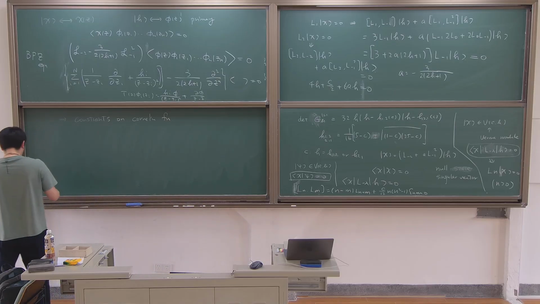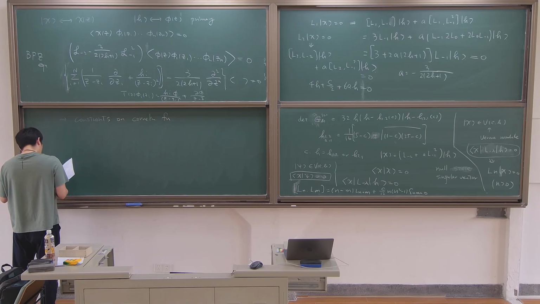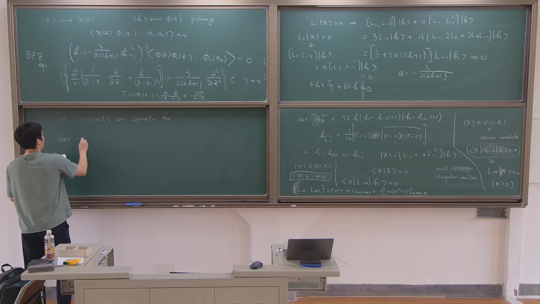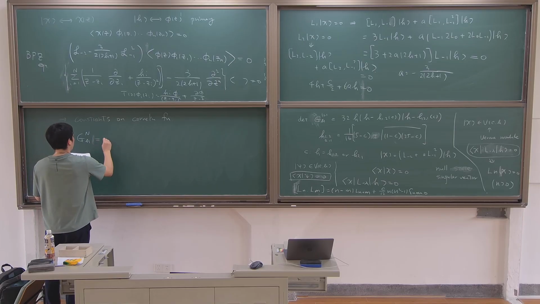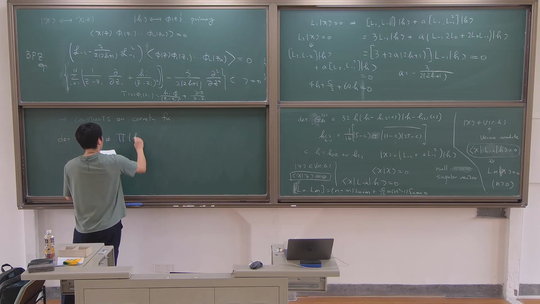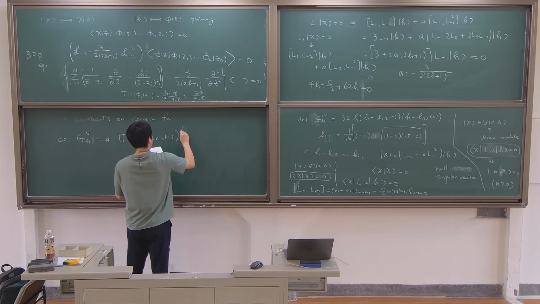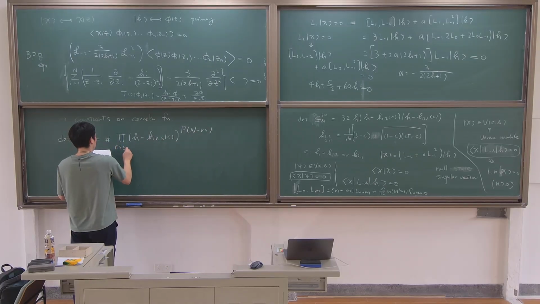If you go to higher level, the determinant of G, as a function of h and the central charge, has the following form. There is some overall factor, h minus h r,s, to the power of p of n minus rs, with r and s less than that.